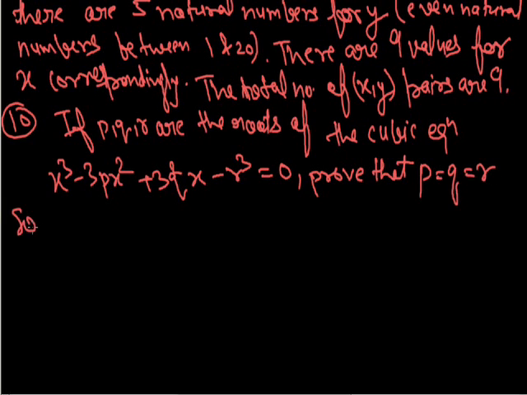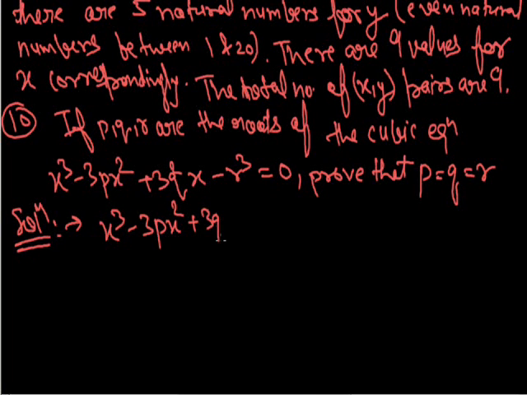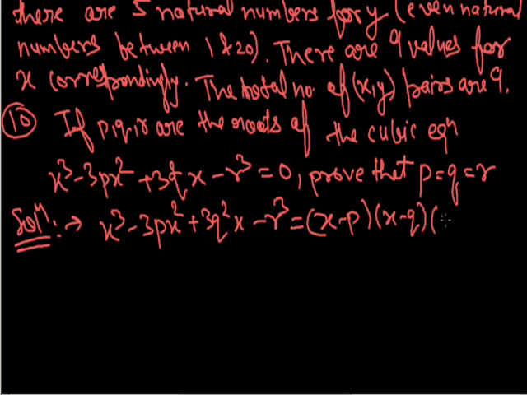To solve the given equation, as we have given that p, q, r are the roots, then x cube minus 3px square plus 3q square x minus r cube may be given as (x minus p)(x minus q)(x minus r).